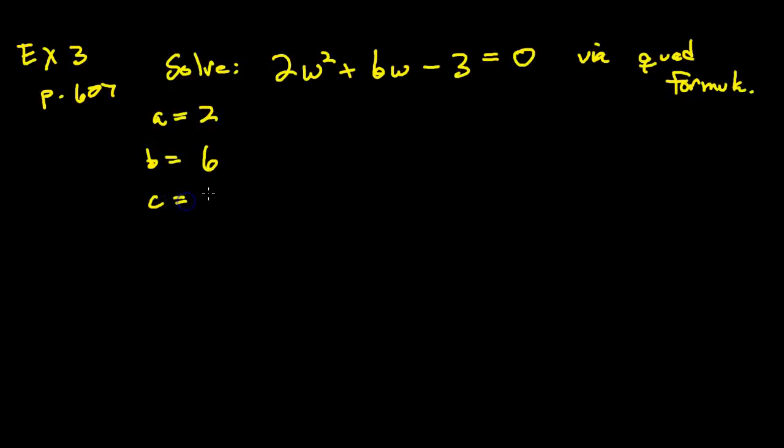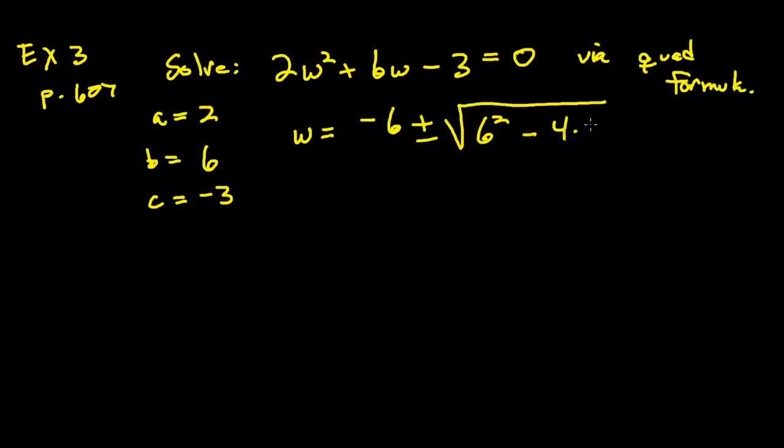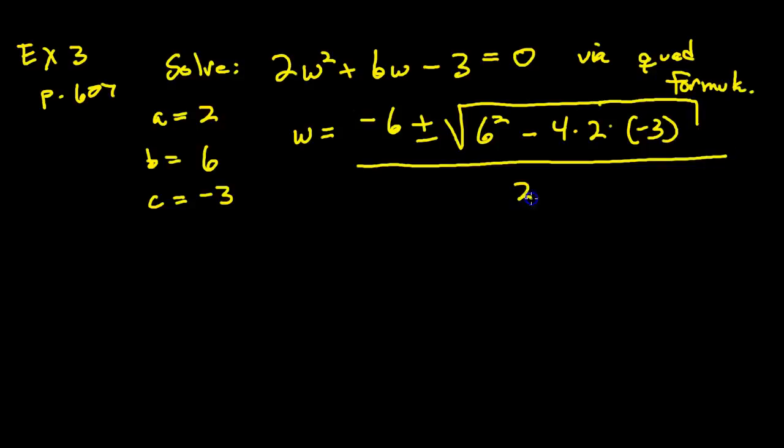And c is negative 3, of course. All right, so w equals minus b plus or minus the square root of b squared minus 4 times a times c, all divided by 2 times a. All right, now I can attack this.